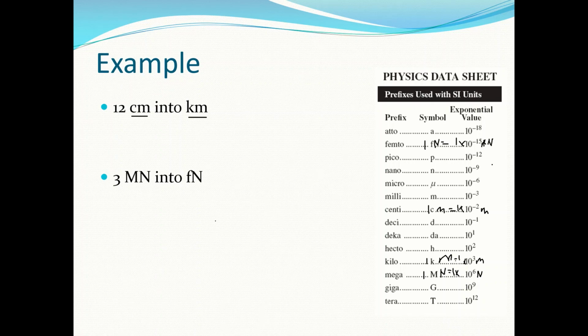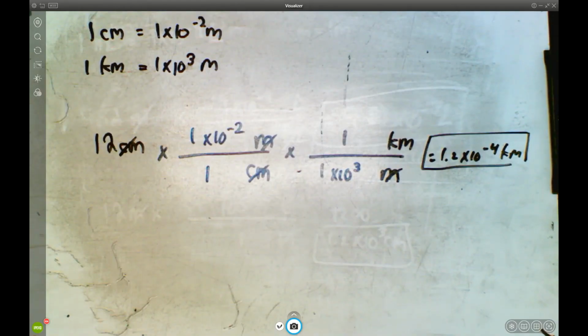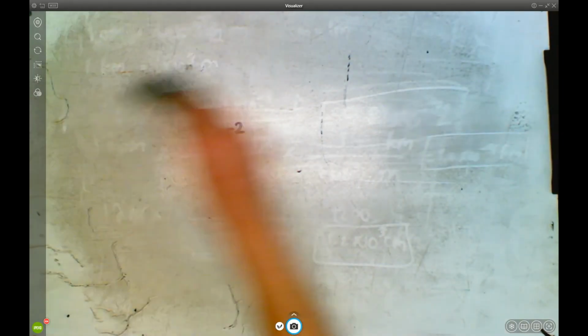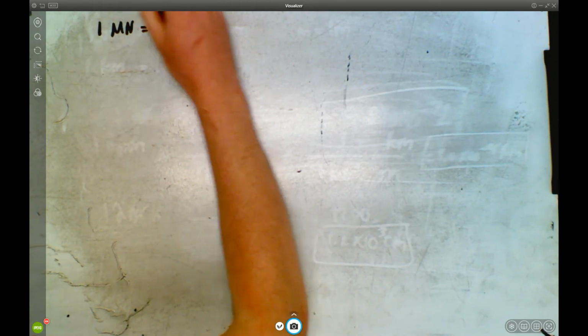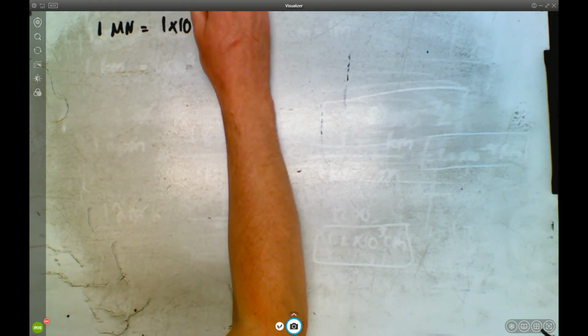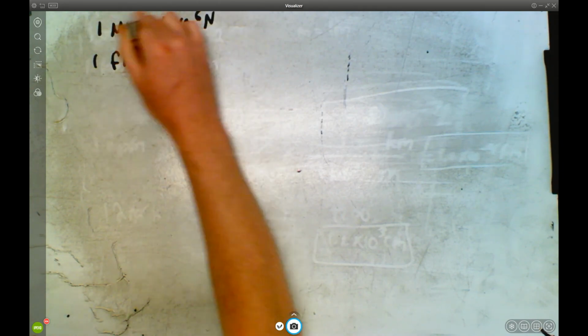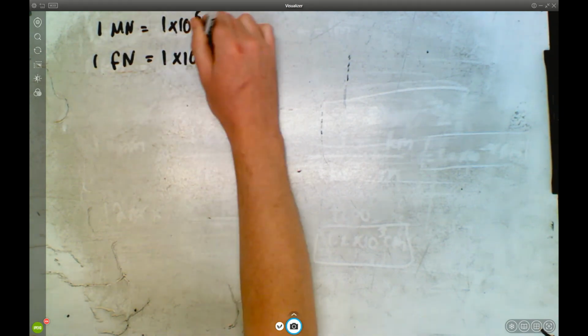Sorry, put the x in the wrong spot. So let's write those two conversion factors out. So 1 meganewton equals 1 times 10 to the 6 newtons, and 1 femtonewton is equal to 1 times 10 to the negative 15 newtons.